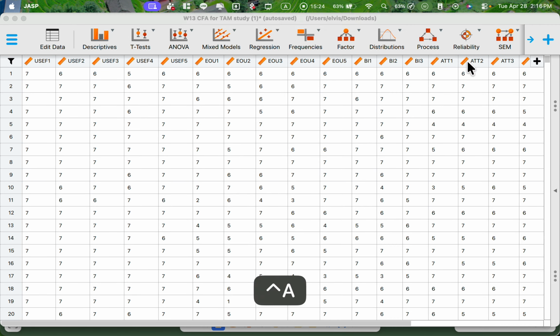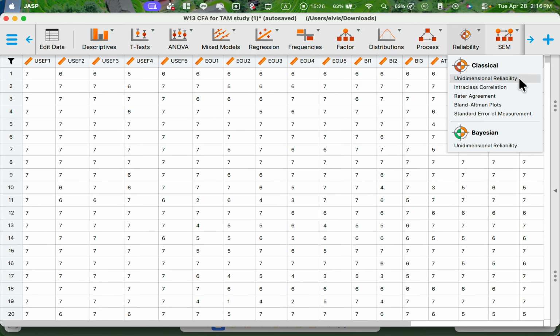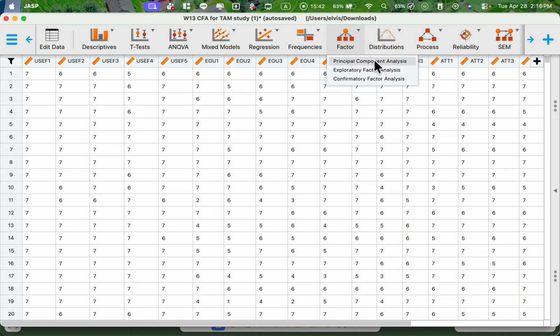This is for Cronbach alpha, so I select this first one, unidimensional reliability. CR is not here. For CR we select factor analysis, the third one, confirmatory factor analysis, to calculate composite reliability.